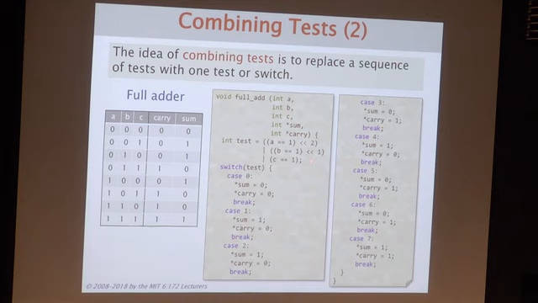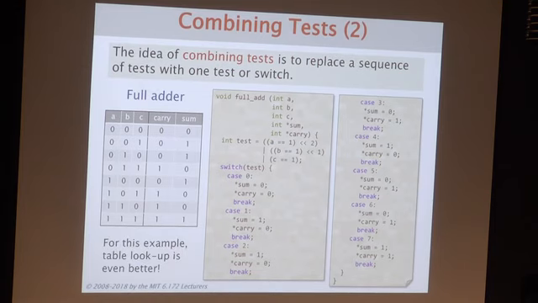The B bit, we're going to shift it over by 1, so in the second least significant digit, and then the A bit in the third least significant digit. And then now the value of this test variable is going to range from 0 to 7. And then for each possibility, we can just specify what the sum and the carry bits should be. And this requires just a single switch statement instead of a whole bunch of if-else clauses.